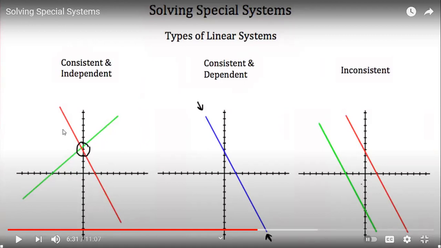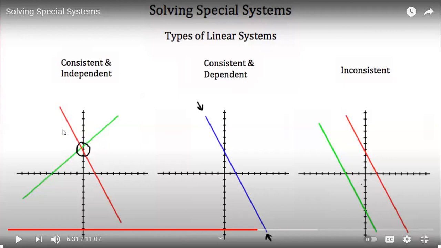One solution, for example, is when they are intersecting. Okay, intersecting lines, so we have one solution. And what about the slope and the y-intercept if you want to solve it graphically? You will find different slopes, so they intersect and you have only one solution.